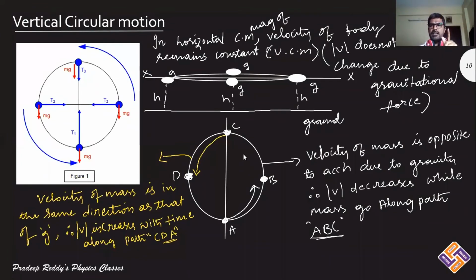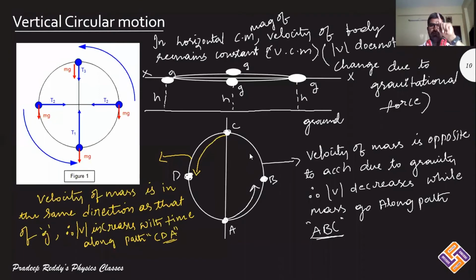In case of vertical circular motion, when the body is going in the upward direction and when it is coming down, when the body is going upward, acceleration due to gravity is in the downward direction. As a result, as the body is being pulled down because of gravitational force, velocity decreases when it is going up. And when it is coming down, velocity and gravitational force both are in the same direction. Therefore, it is being pulled by gravitational force.